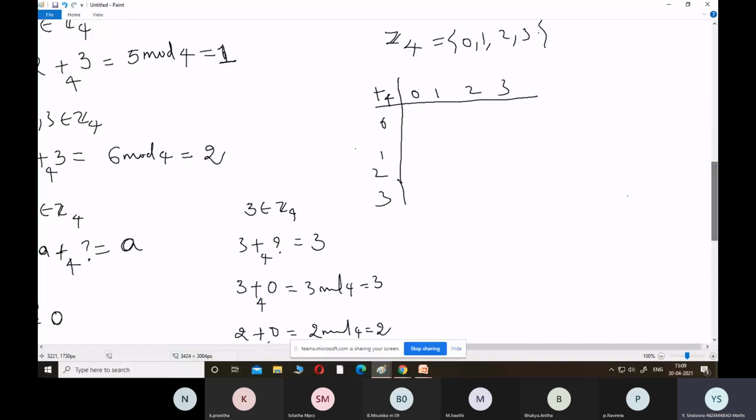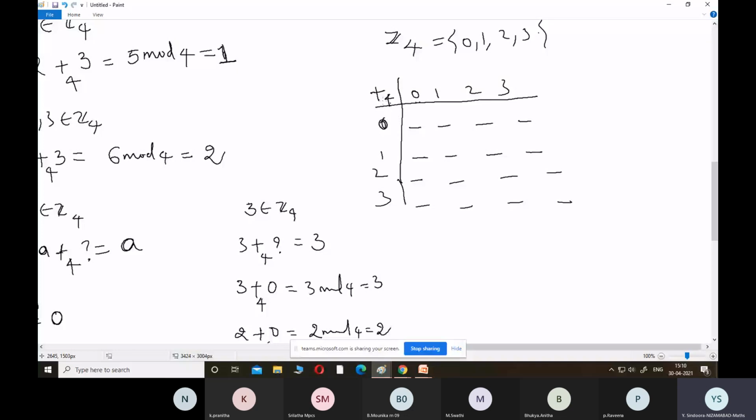Now how am I going to fill up this table? We have to fill up all these gaps. You have to take one element from here, one element from here, and then apply the operation addition modulo 4.